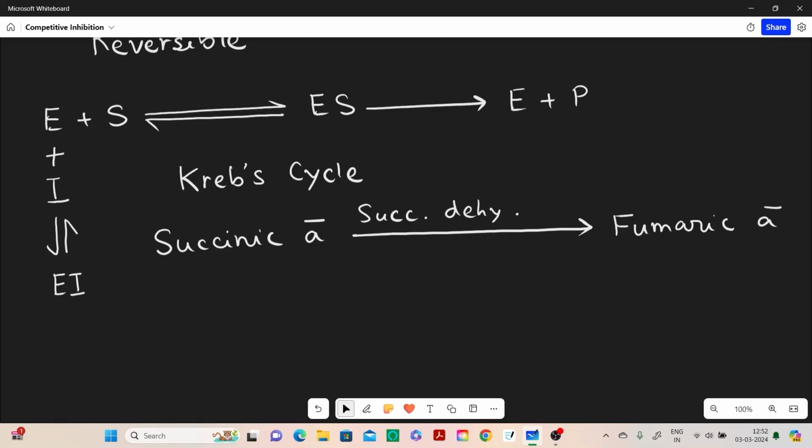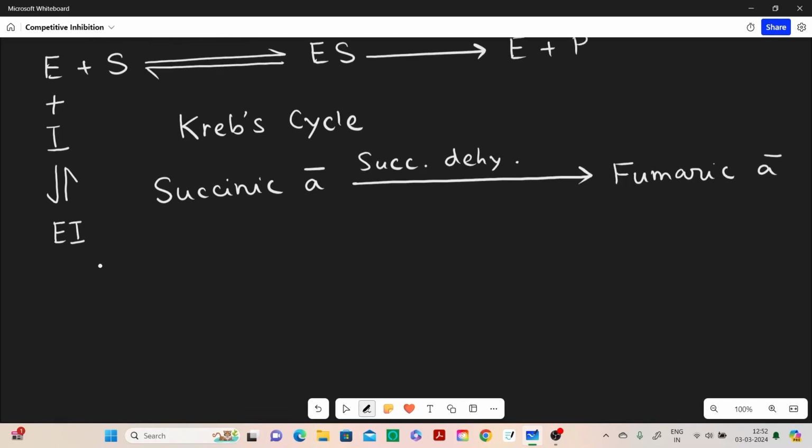We have another compound in our body known as malonic acid, and it has a very similar structure to succinic acid and can compete with succinic acid for the enzyme succinate dehydrogenase. And if these two form a complex, then it cannot form the product. So this is an example of an inhibitor.